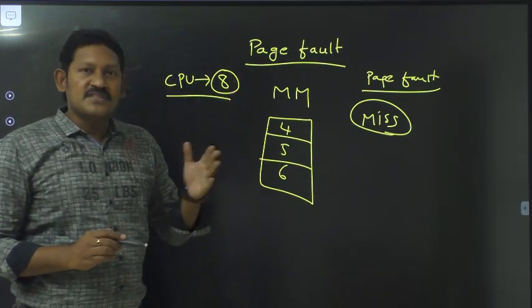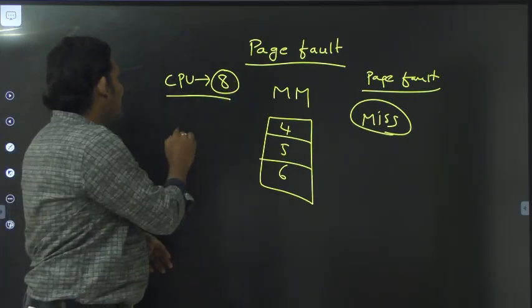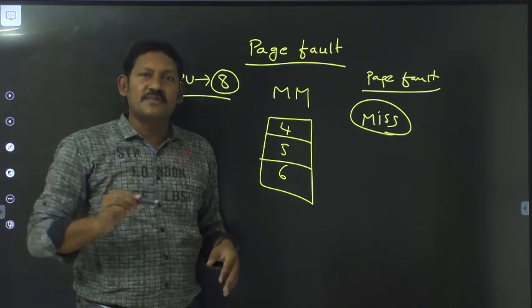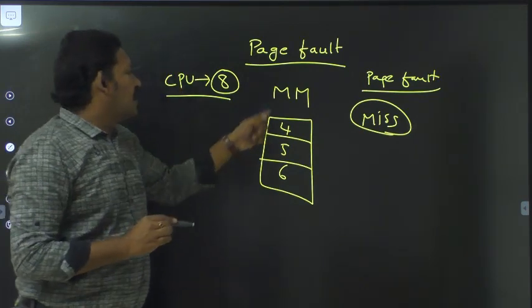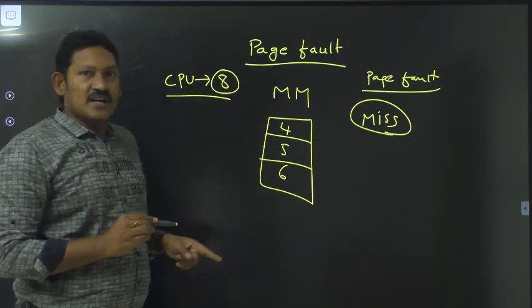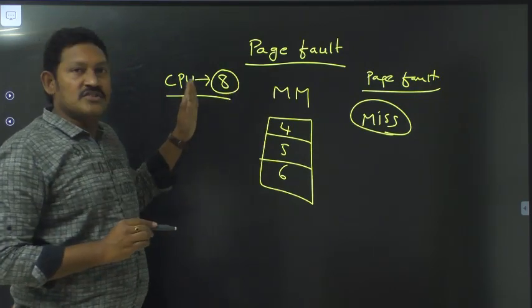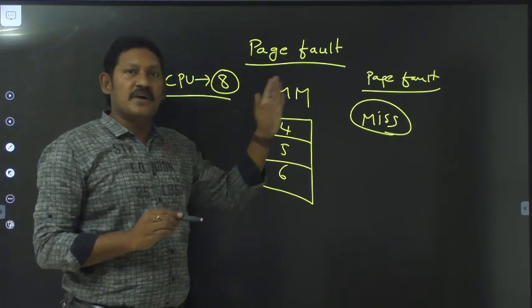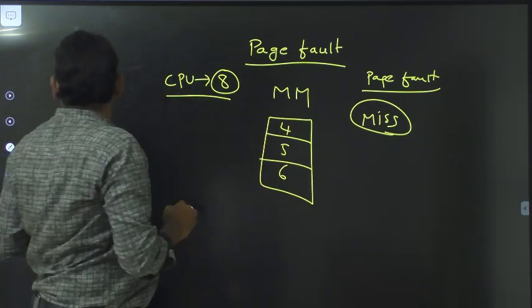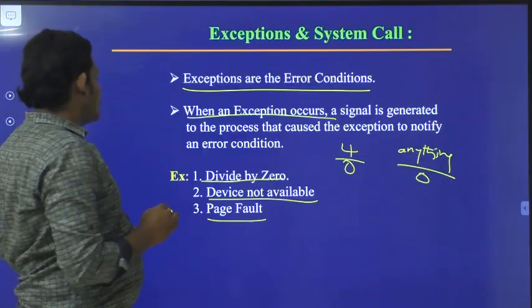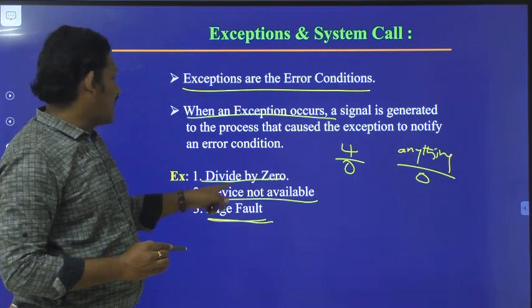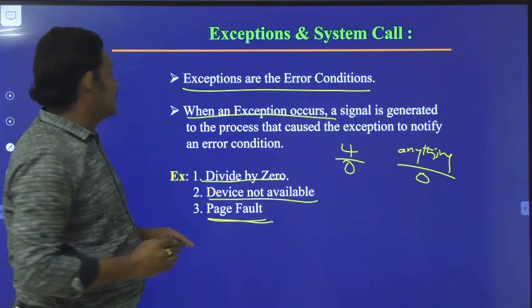The performance of a system depends upon the hit ratio. Hit ratio is the number of hits divided by the number of hits plus the number of misses. So when a page fault occurs, an exception arises. This is another example where the exception arises.